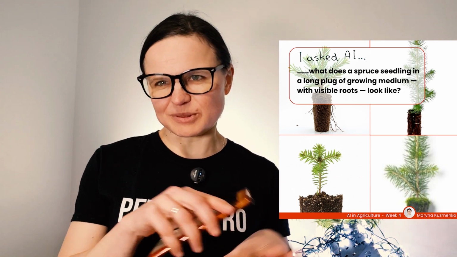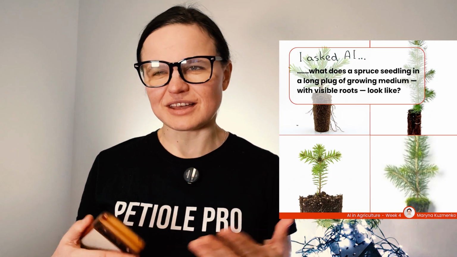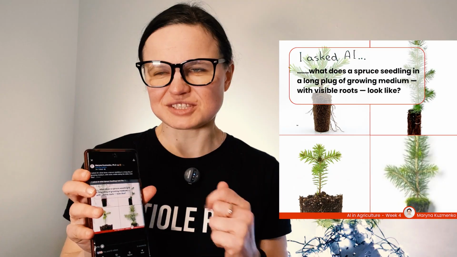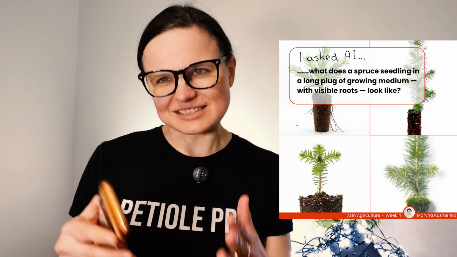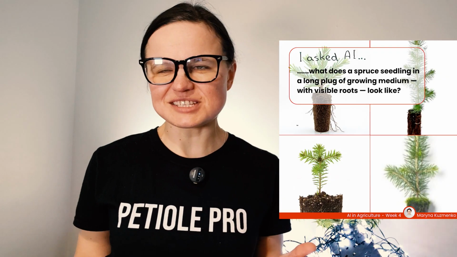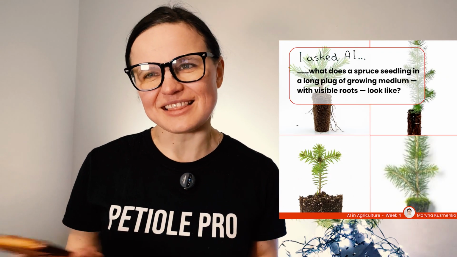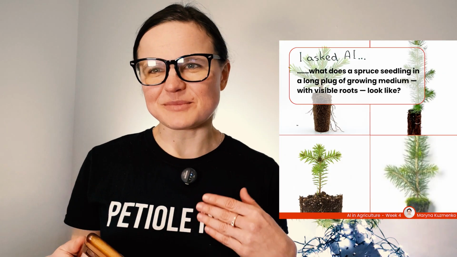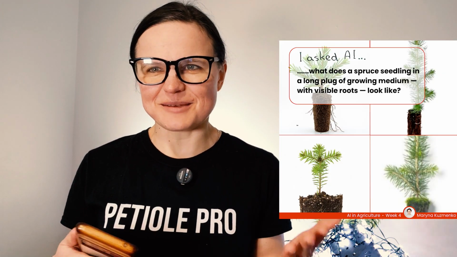When a plant nursery is growing spruce seedlings for commercial sale, at some stage they need to deliver these seedlings to their customers, and they need to understand what they're delivering, and the customer needs to have some understanding as well. What do they get? Is it viable or not?